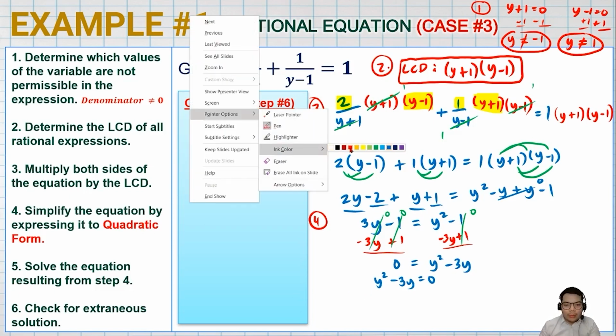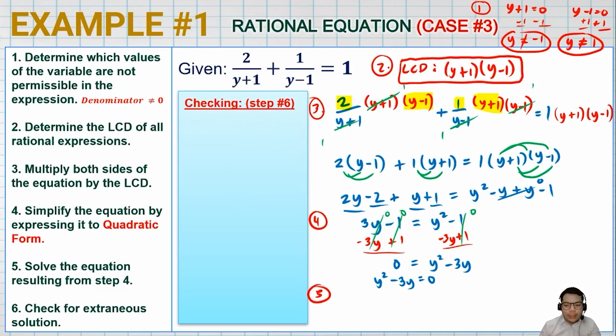So, ano yung step number 5? We'll just need to solve for this quadratic equation. So, yan sa space natin, we can do factoring. So, how do we do factoring for this one? This is our quadratic form already. Y squared minus 3y is equal to 0. So, we can factor out y as our GCF. So, y times y minus 3 is equal to 0. So, that's our factor them. Then, divide this by 2. So, we have y is equal to 0. Or that is our first value of y.